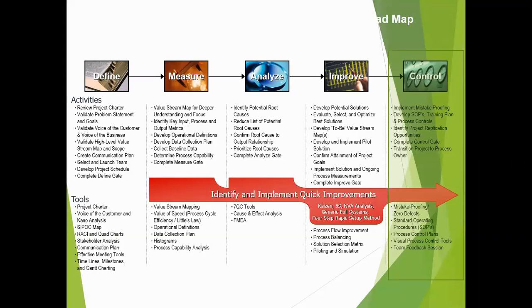So the customer specification limit is, the customer is giving us the parameters that we need to fall within. The control limits, we're identifying the control limits. That is statistically identified, right?